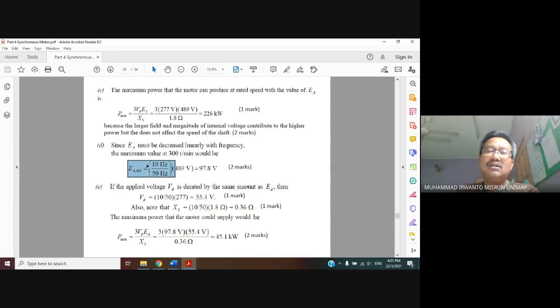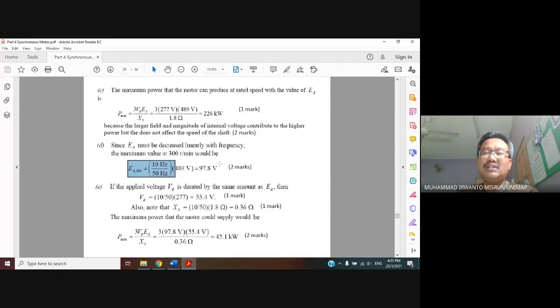So the internal generated voltage at 300 RPM is equal to 10 Hz over 50 Hz multiplied by 489.